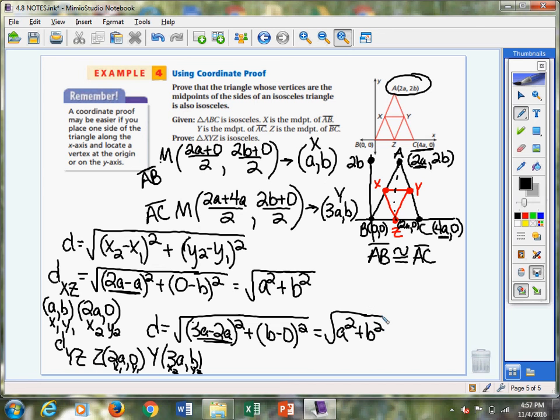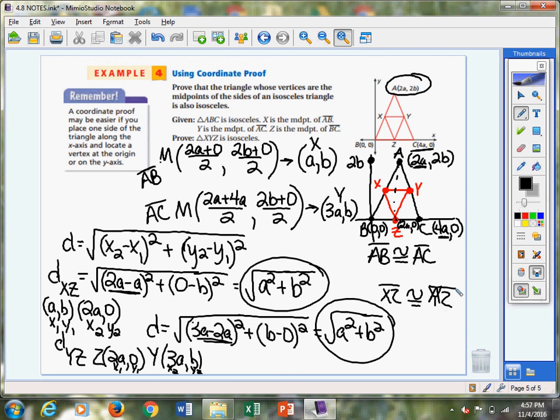Now take a look at your two lengths. Are they the same? Yes, they are. And so we were able to prove that the length of XZ is equal to the length of YZ. And so we can say, yes, that little triangle on the inside is definitely isosceles.